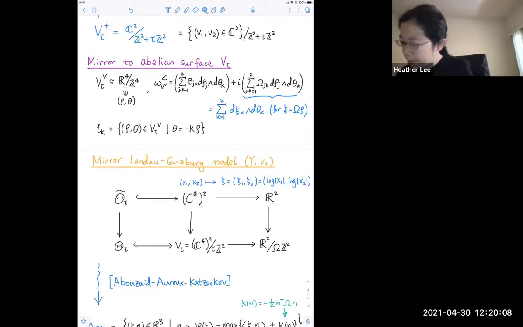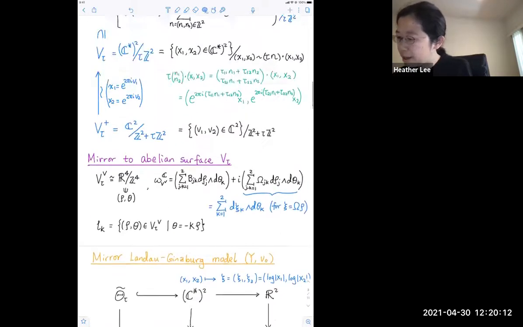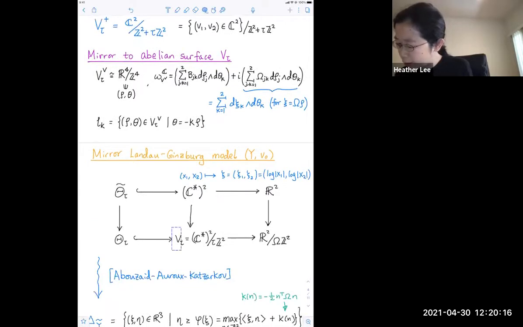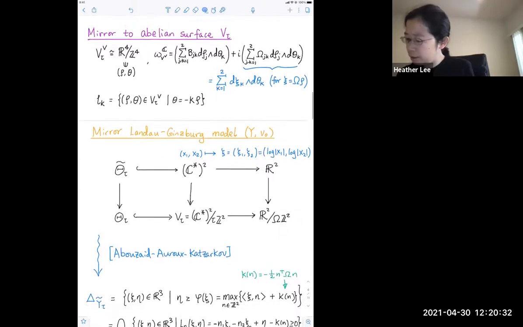If you take a closer look at all the formulas, you see that for this diagram to commute, this V tau maps to R^2 quotiented by the imaginary part of tau times Z^2.